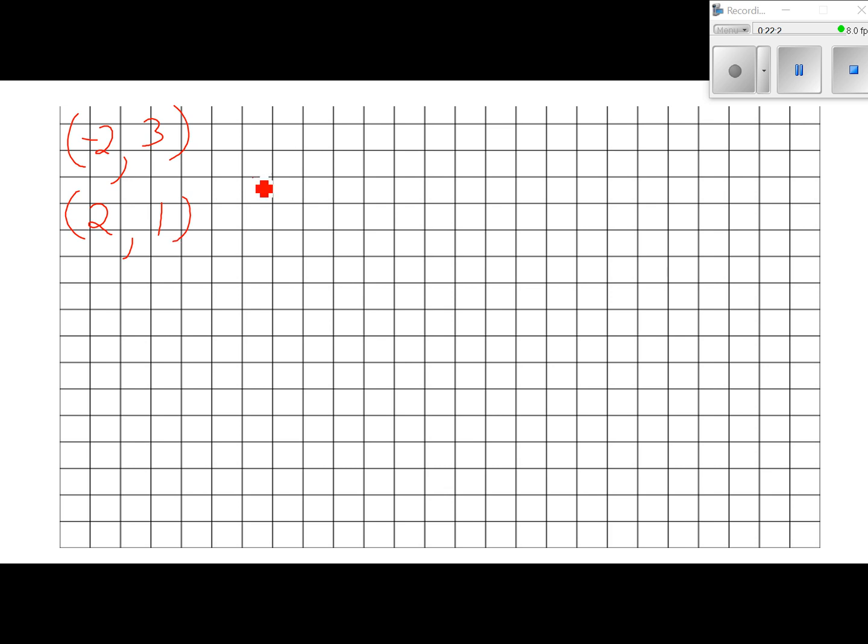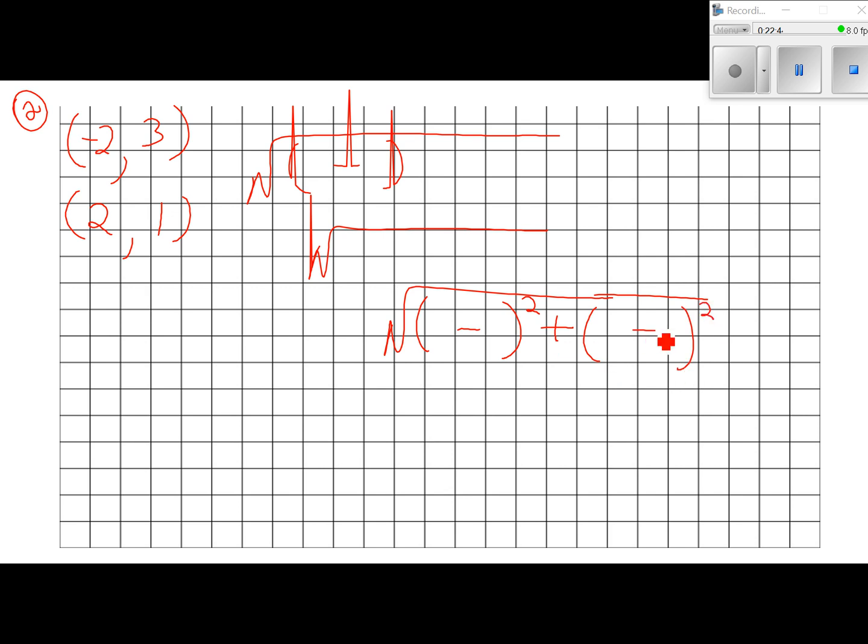Now we're just going to use the distance formula. You're writing this one. This is the second one on the front of that paper. Distance formula. We subtract. So we have that.